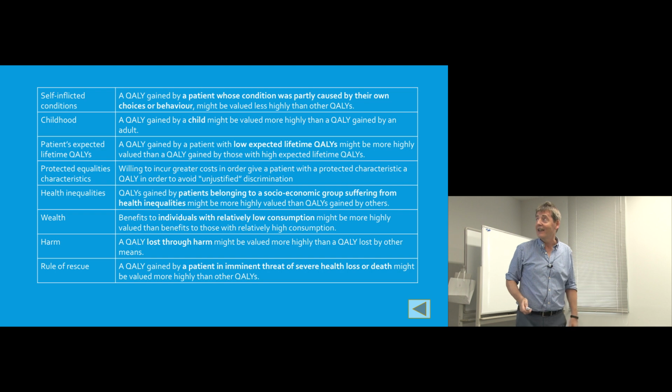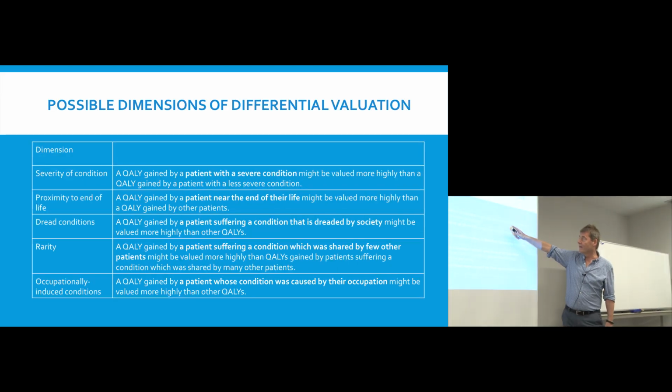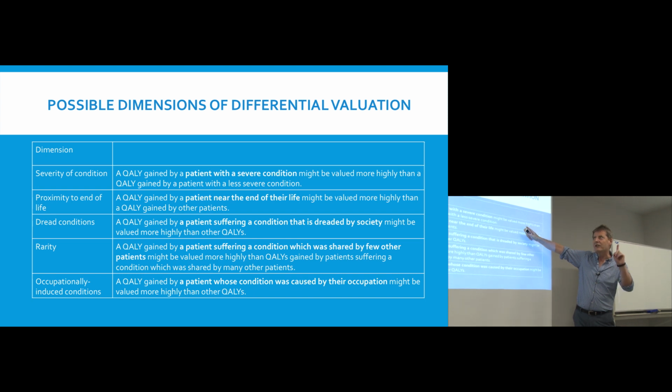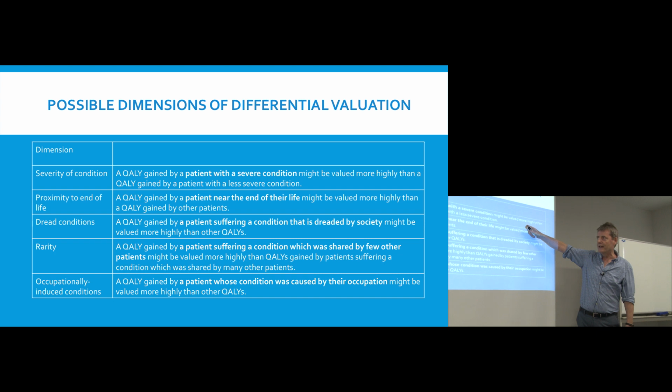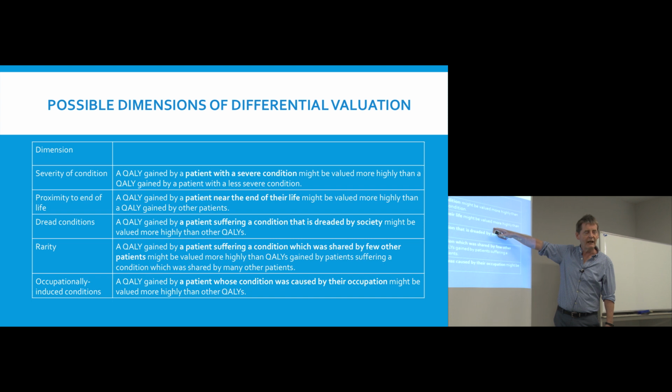To date, as I say, only Norway and, to a limited extent, the Netherlands have brought in legislation that refers to severity of condition. England has this thing with respect to some cancer patients, what are called end of life, life-extending treatments.